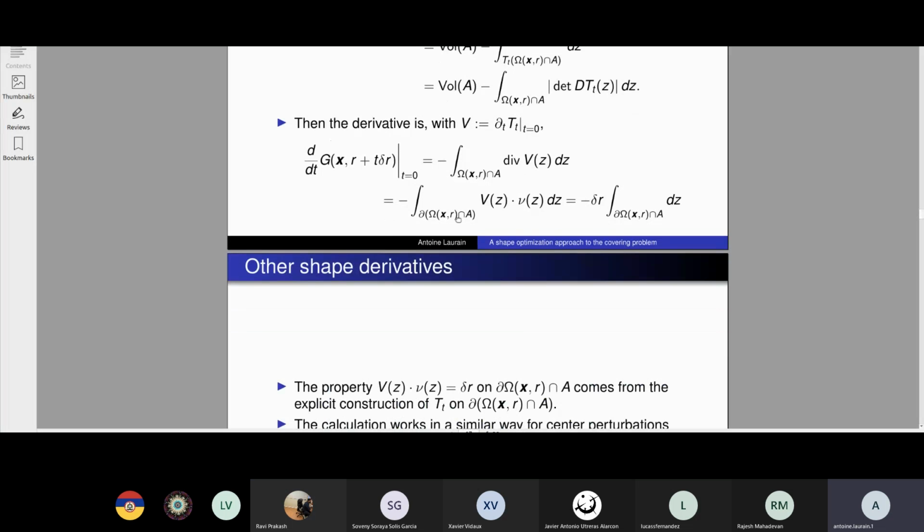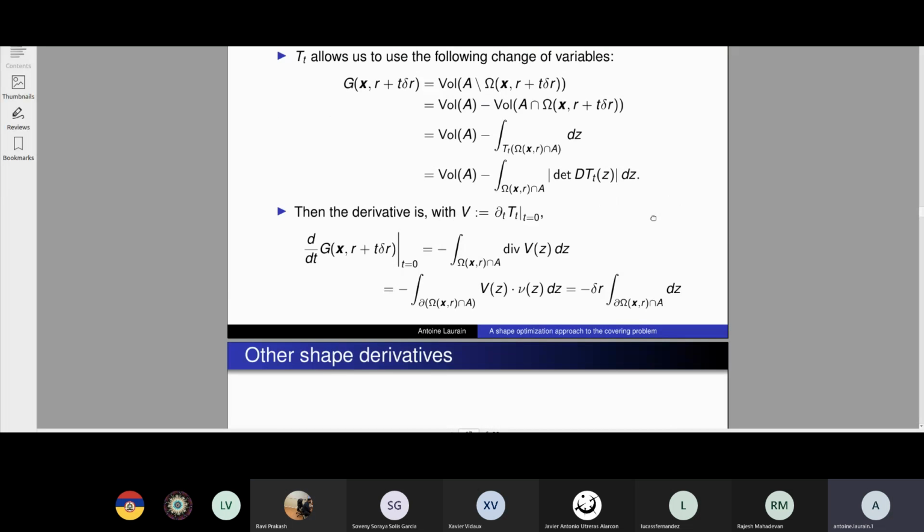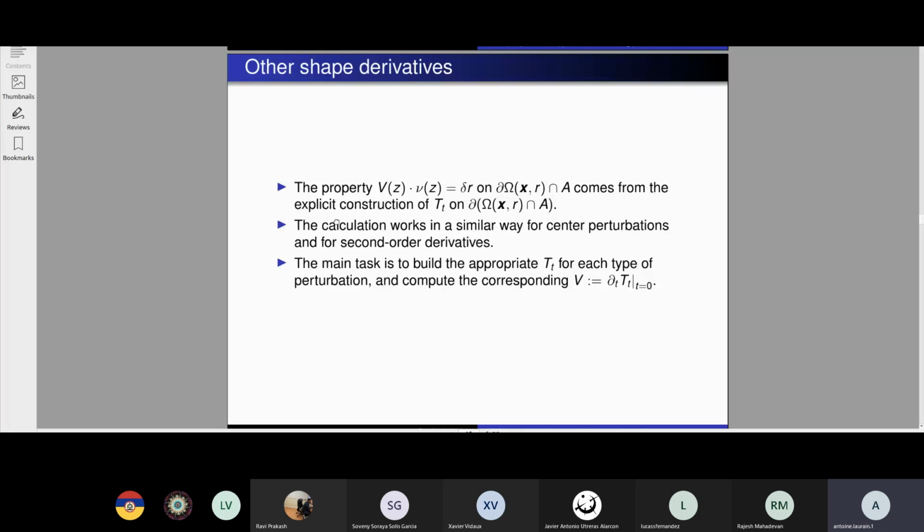And so that's how you end up with the derivative of the area as a function of the perturbation delta r. Okay, so I'm not going to show the other calculation, but it works in a similar way. And so this first point, I said already that this property v scalar nu is equal to delta r on the boundary.